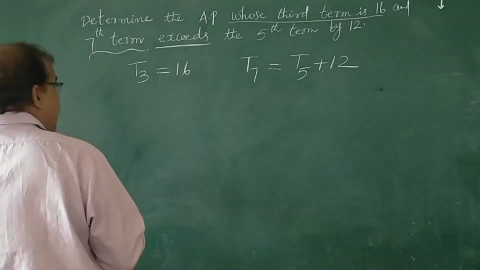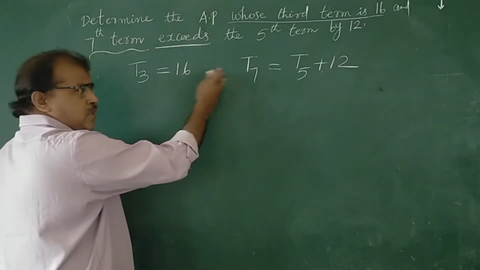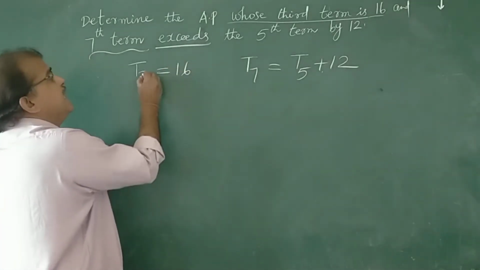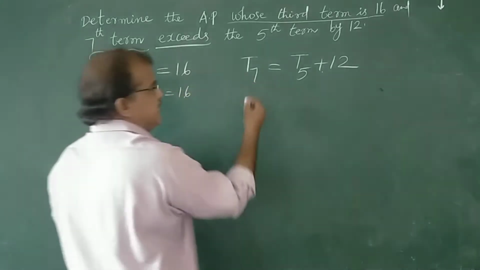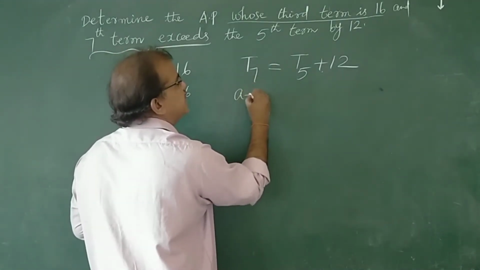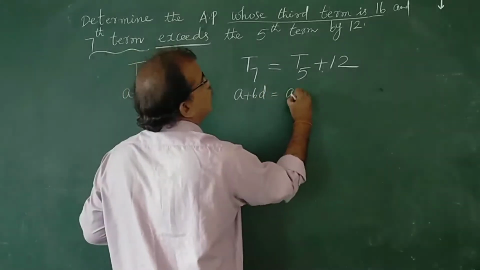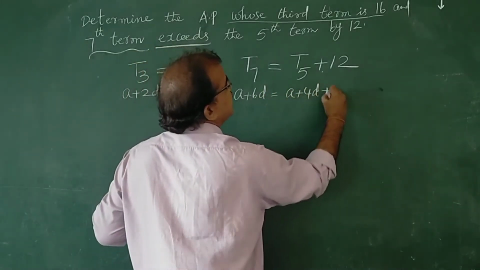This is the statement. Now from this, this is equation 1, this is equation 2. T3 means a plus 2d is equal to 16. T7 means a plus 6d is equal to a plus 4d plus 12.